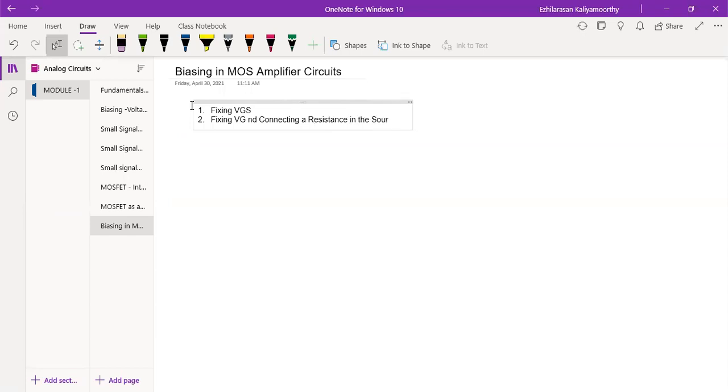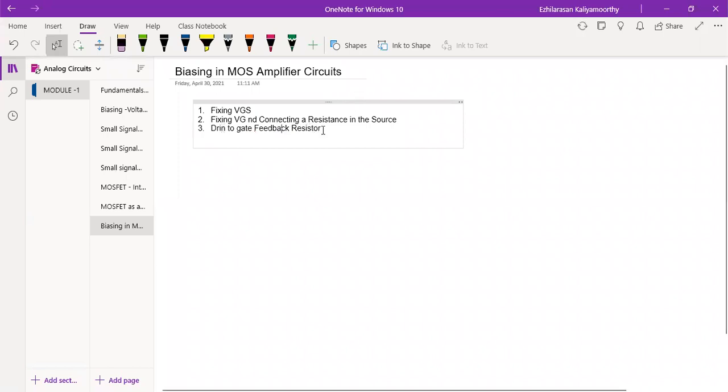Next, the third one is the drain to gate feedback resistor.